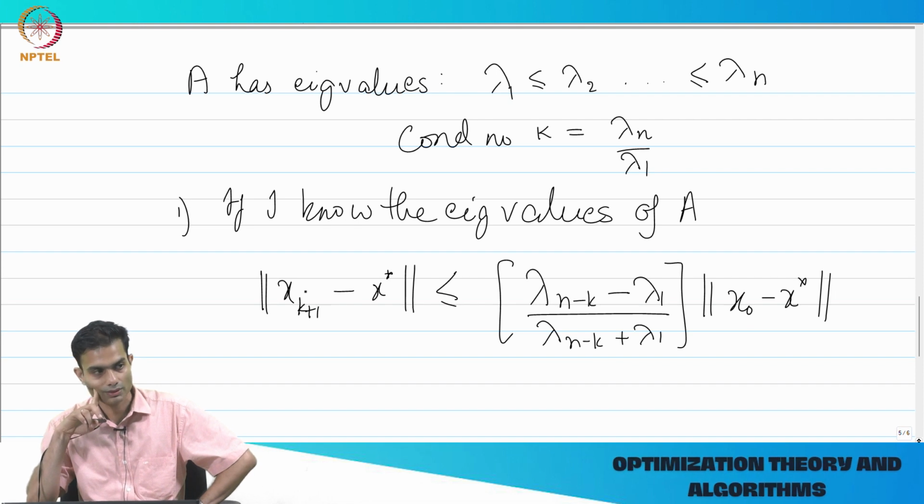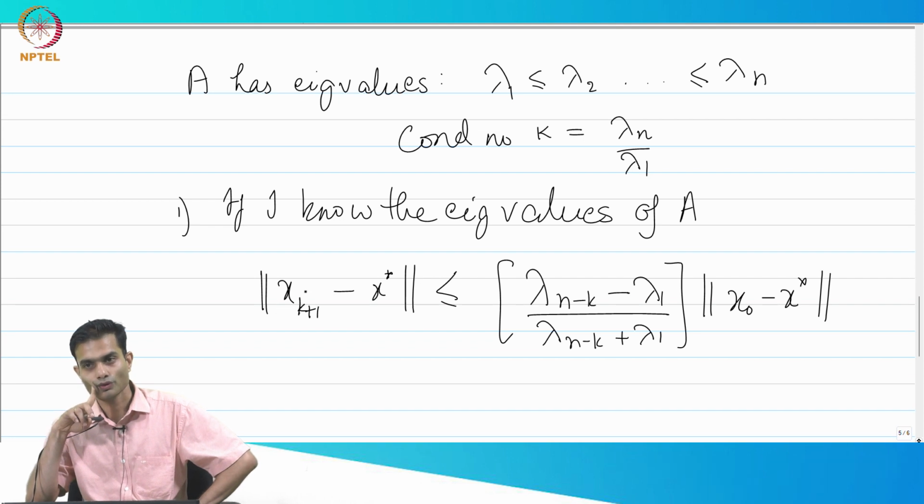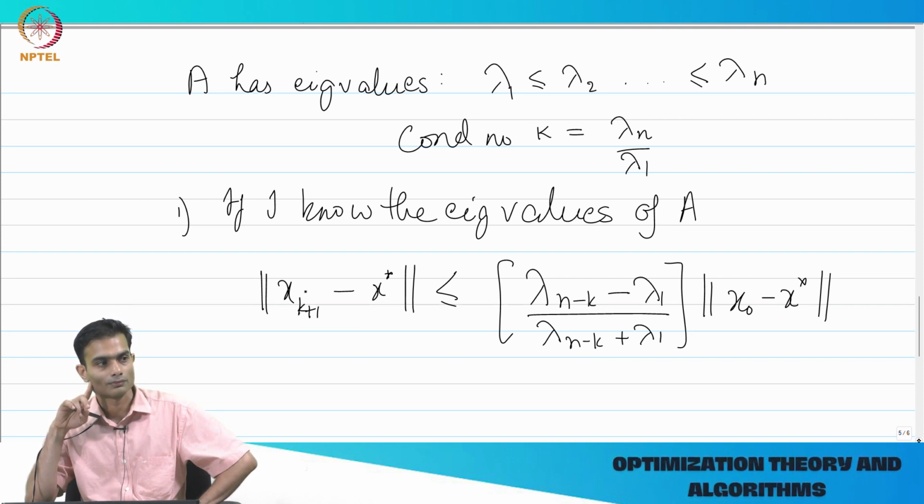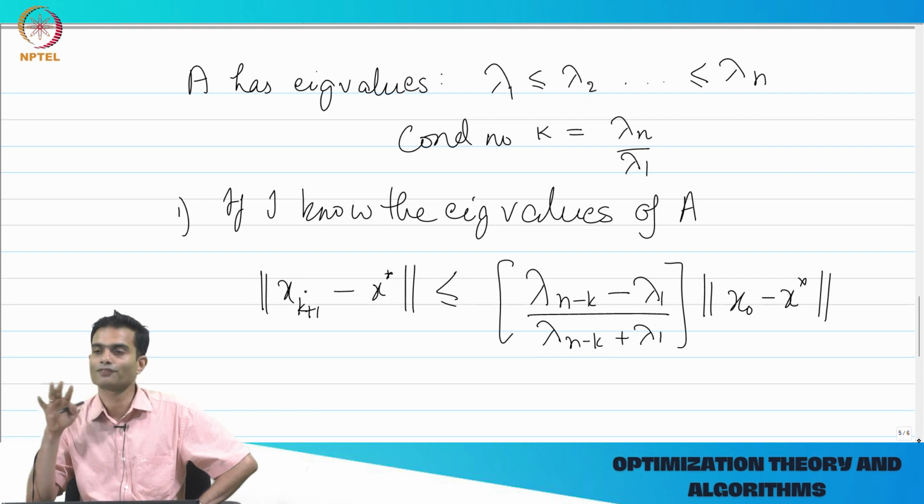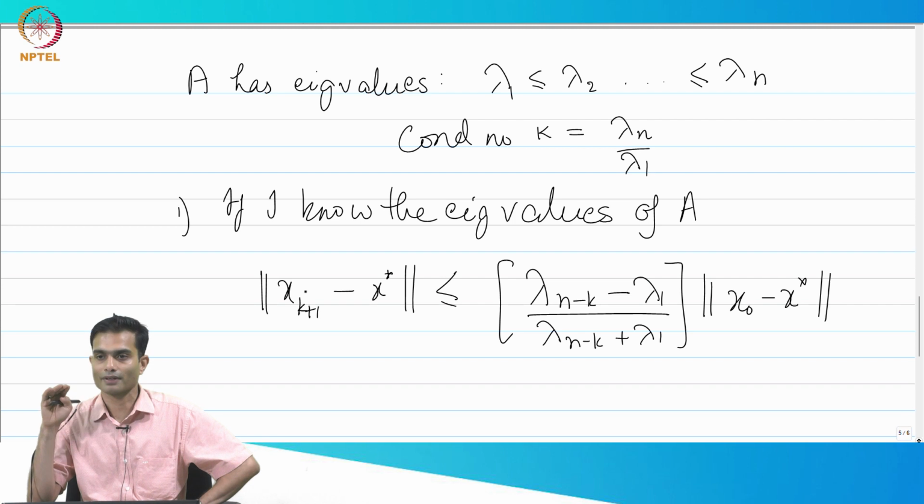Lambda 1 is still the same, right? What if your smallest eigenvalue is repeated? If your smallest eigenvalue is repeated, then what's going to happen?